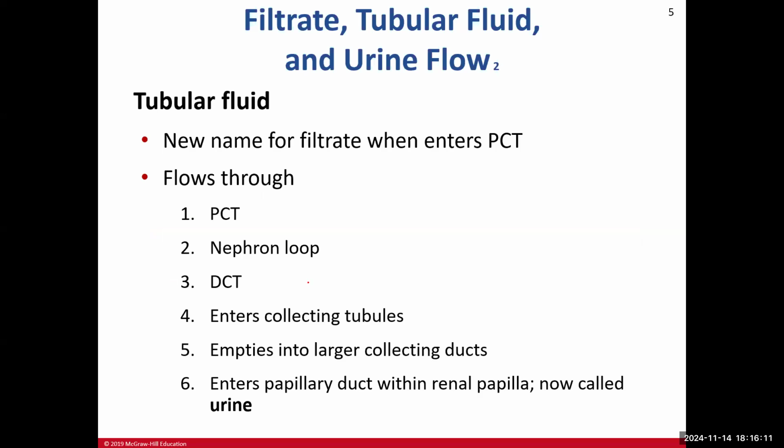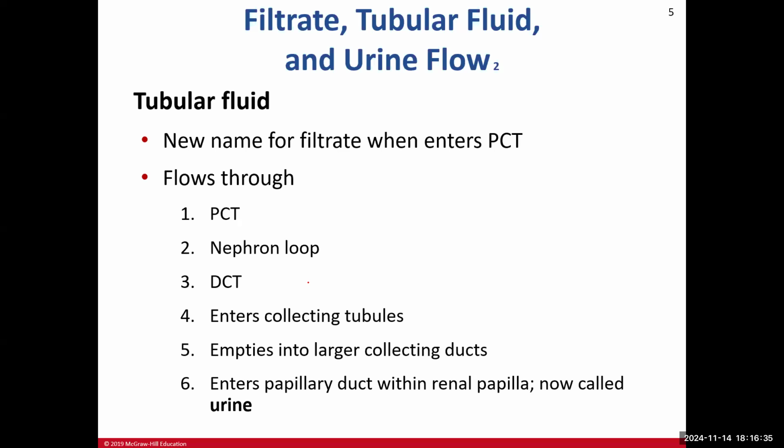Once it moves from the capsular space, or Bowman's space, into our tubular system, that's the second part of the nephron, the tubule system there, we change names and call it tubular fluid. It's going to be known as tubular fluid for a lot of this journey through the nephron. You can see all the parts and pieces.